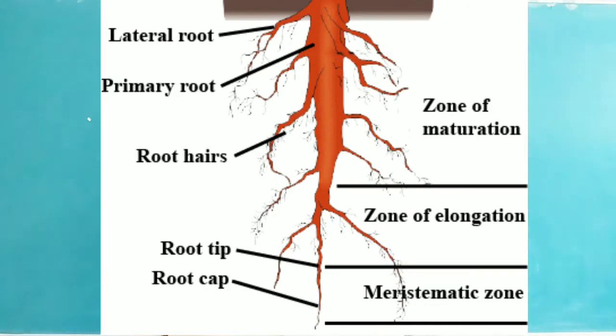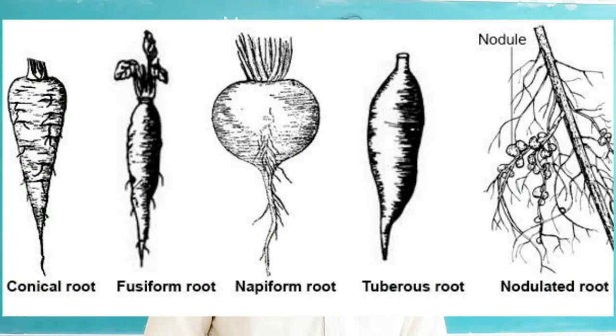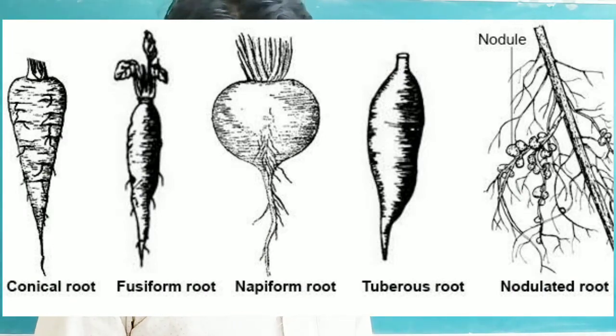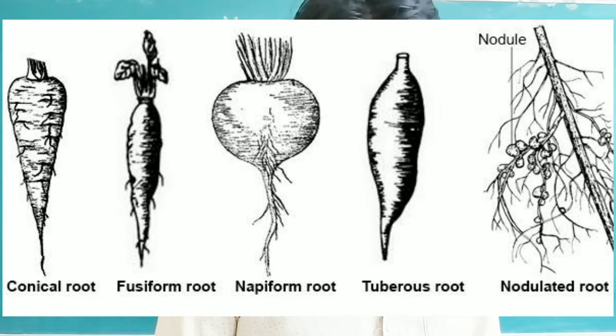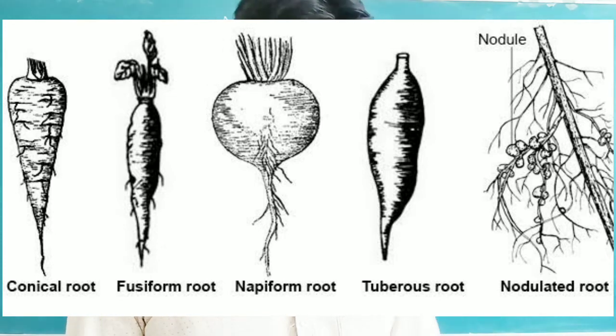And there are many types of modifications in the roots that you can see, like fusiform, napiform, conical and tuberous. These modifications are done because many roots undergo various modifications in shape.